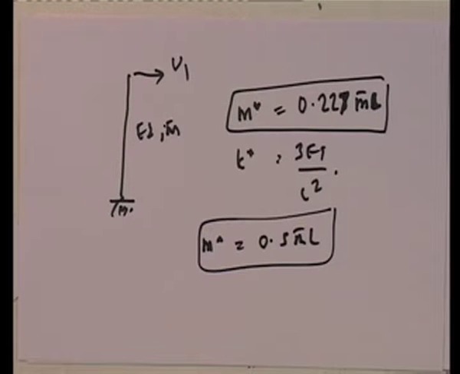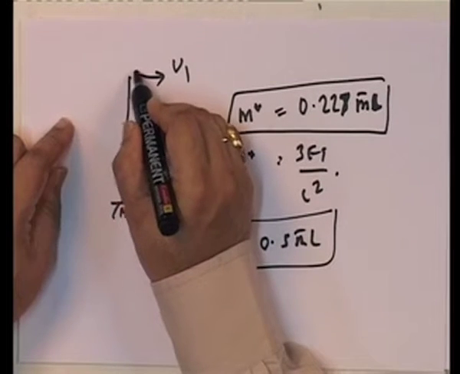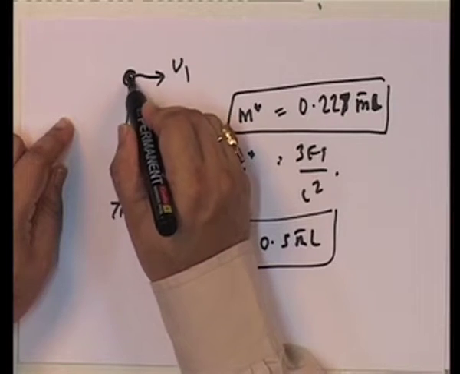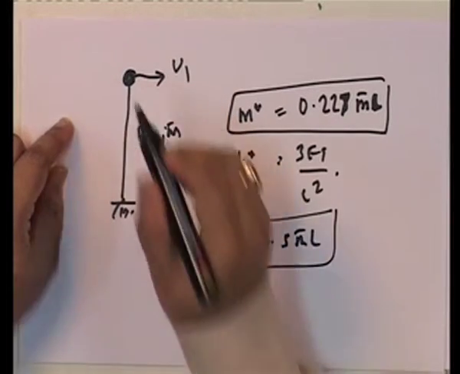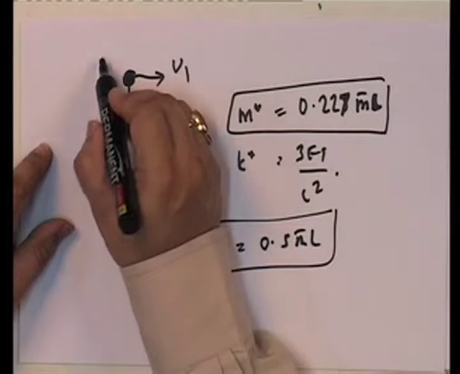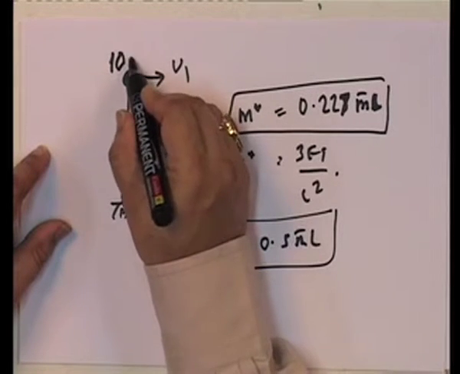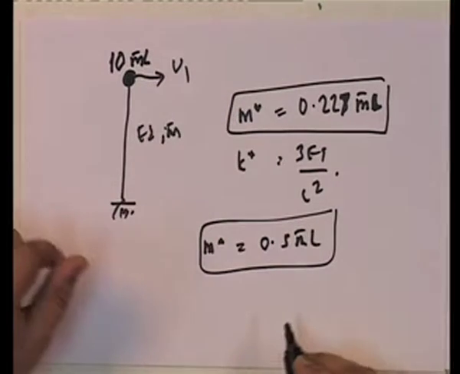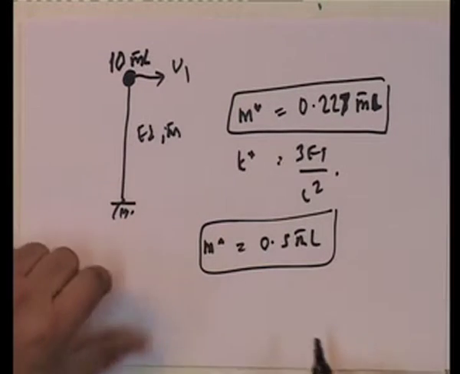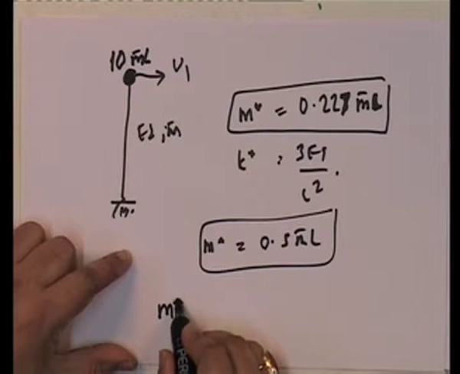However, think about it. Here, let me put a point mass at this point, and I say that this is 10 m bar L. If that is 10 m bar L, then what is my m star?